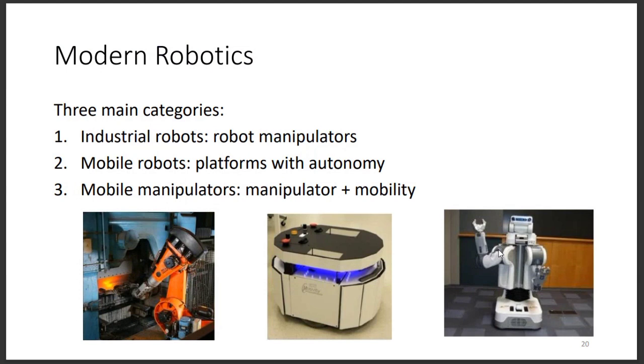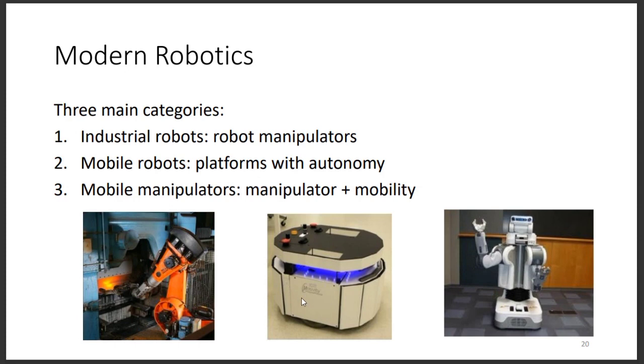There are three main categories of modern robots. Let's discuss industrial robots, the robot manipulator. You can see that it is an industrial robot, an industrial arm that picks a heavy thing from one place and places it in another place. Our second is mobile robots, which can move, like a vacuum cleaner.